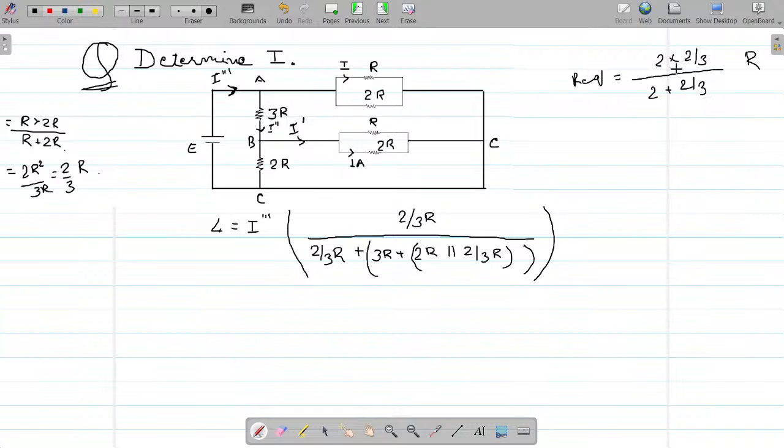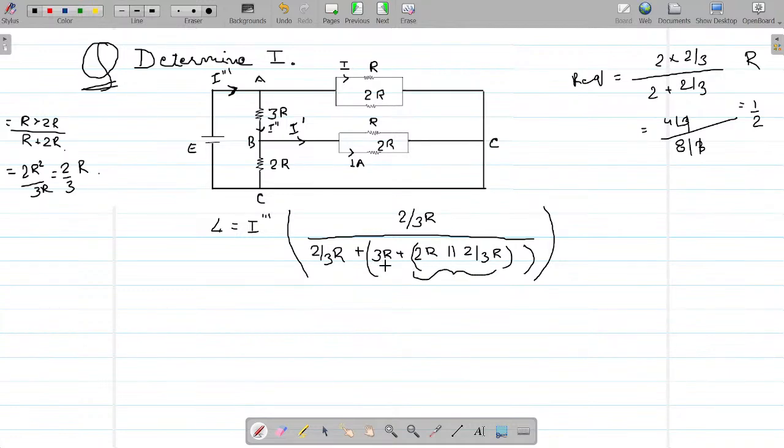So if you solve it, it would become 4 by 3 upon 3 2s are 6 plus 2 is 8 by 3. Right? So this becomes what? This becomes 1 by 2. 1 by 2 I'll replace here.